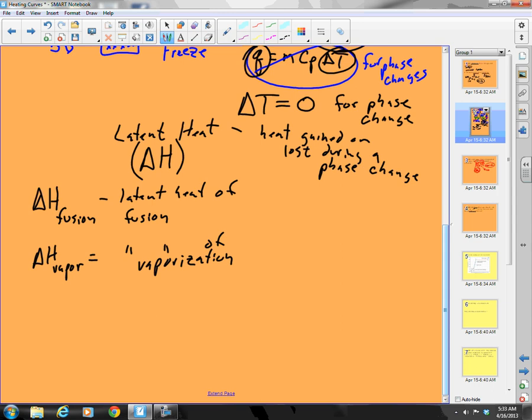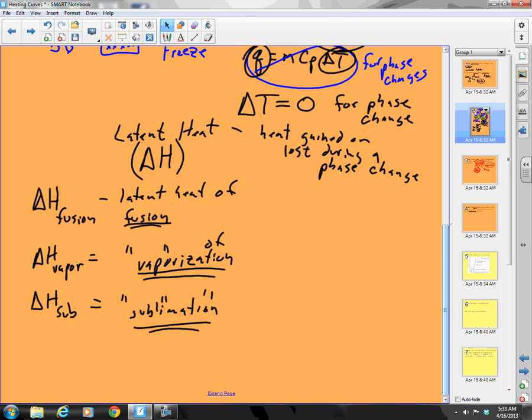This is how much heat is necessary for melting, how much heat is necessary for vaporization. Of course, then I would have delta H sublimation, which is the latent heat of sublimation, which is the amount of heat necessary to cause sublimation.